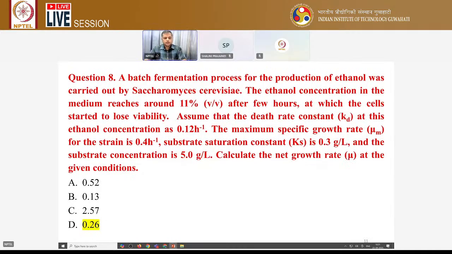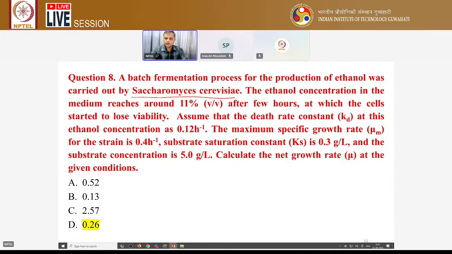The next question is: a batch fermentation process for the production of ethanol was carried out by Saccharomyces cerevisiae. Ethanol concentration in the media reaches 11% after a few hours, at which the cells started to lose viability. It means along with the growth, cell death kinetics also need to be considered.